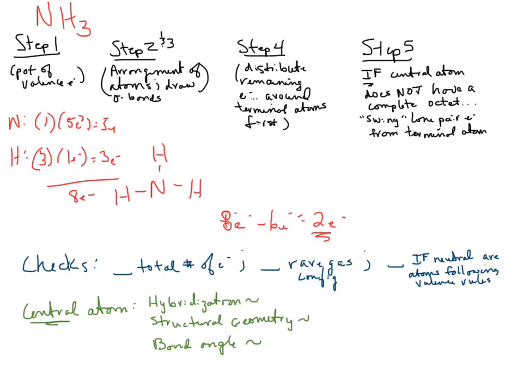At the very beginning of this lab, it gives you instructions for each one of these steps. The next step is to take those 2 electrons and put them around terminal atoms. The terminal atoms are hydrogens. Do they want any more electrons?